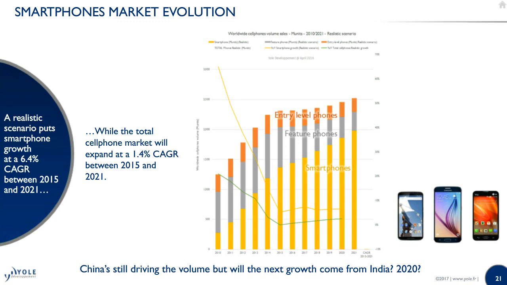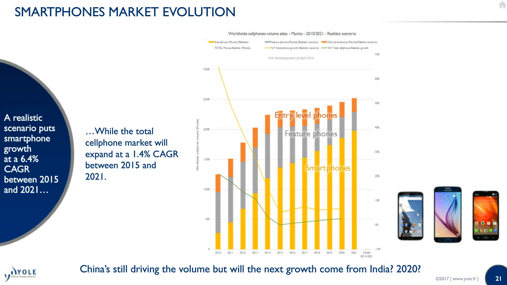Here I'm showing you the distribution of entry-level phones, feature phones, and smartphones. Overall, the shipments of cell phones are plateauing, and we forecast something around 1.4% compound annual growth rate from 2015 to 2021.